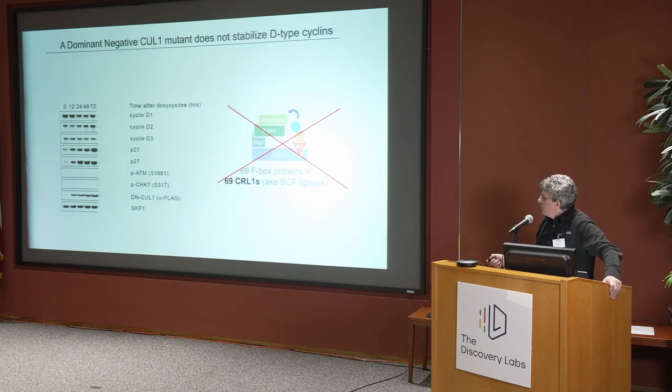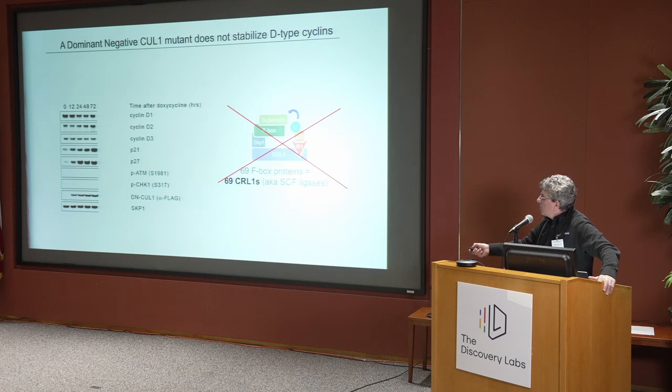One of the very first experiments, which by the way has been done in multiple cell lines, but for simplicity I will show only representative results: in these cells, we express dominant negative CUL1, which we can induce with doxycycline.